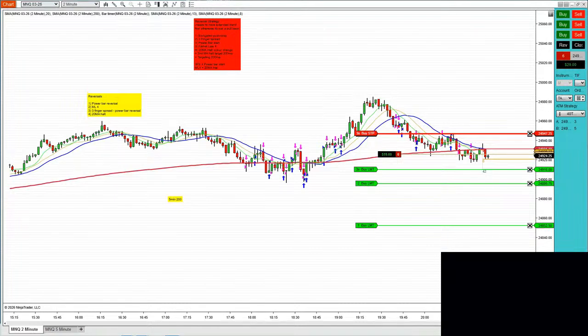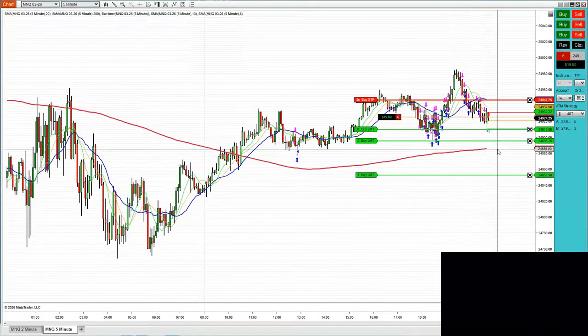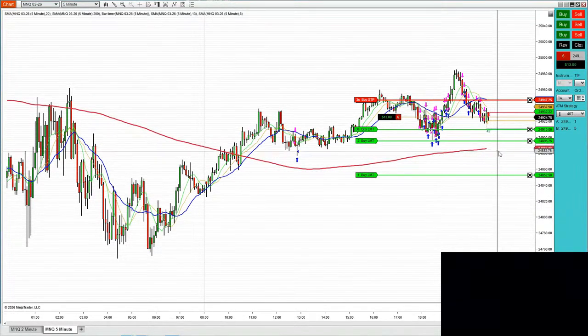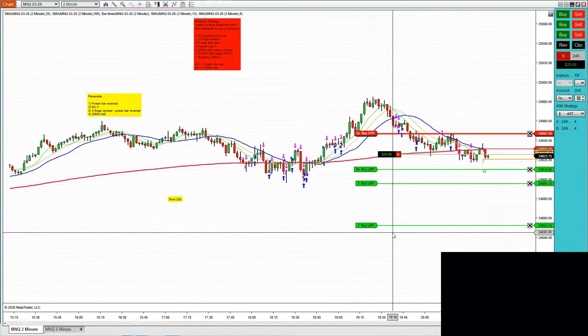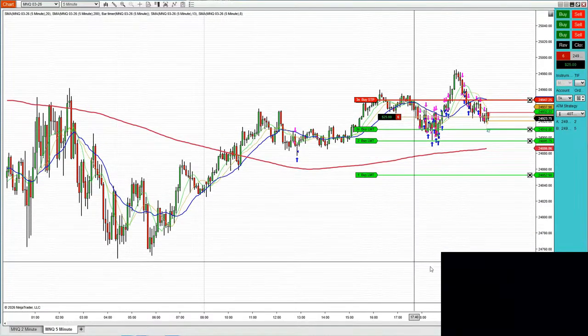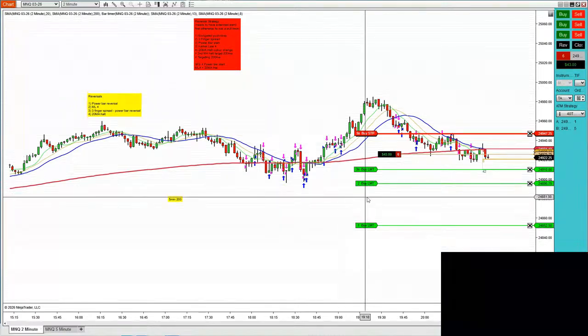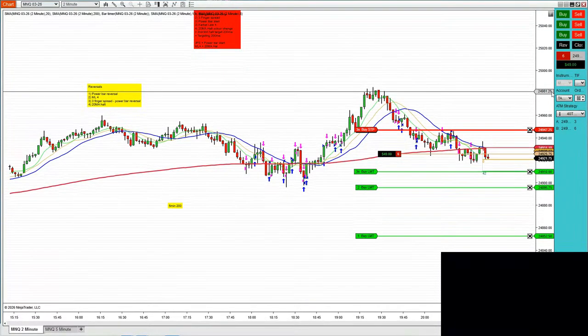Yeah, so this one down here is close towards the red moving average, down by the lows down here. This one here is like a Hail Mary. It's just out of the way to just see how far things run.